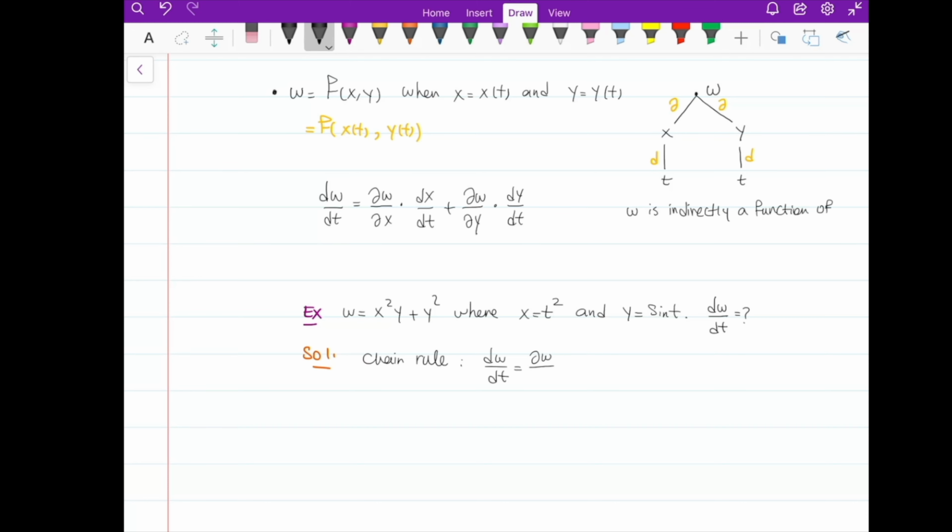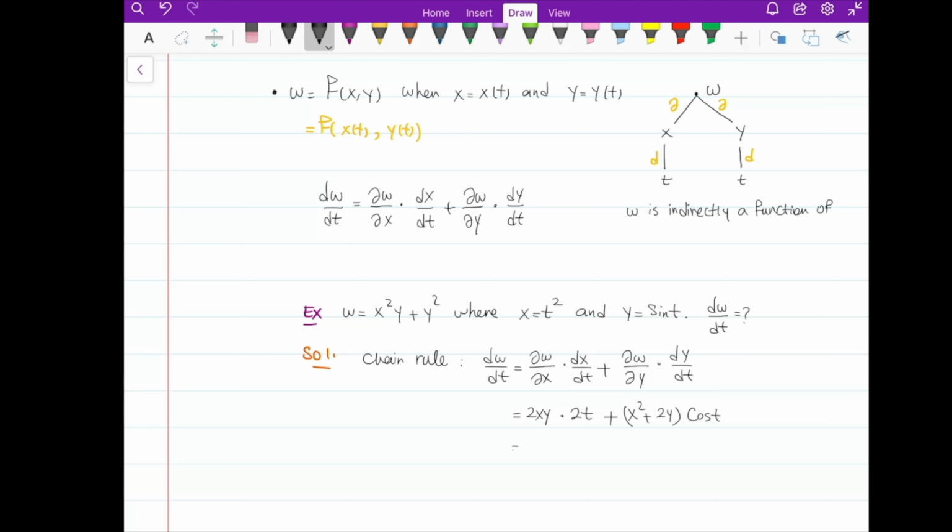So it will be partial w, partial x, dx/dt, or I can find partial of w with respect to y, dy/dt. So partial w with respect to x is just 2xy, times dx/dt, 2t, plus partial of w with respect to y, so x would be a constant, so x squared plus 2y, and then the derivative of y with respect to t is cosine of t.